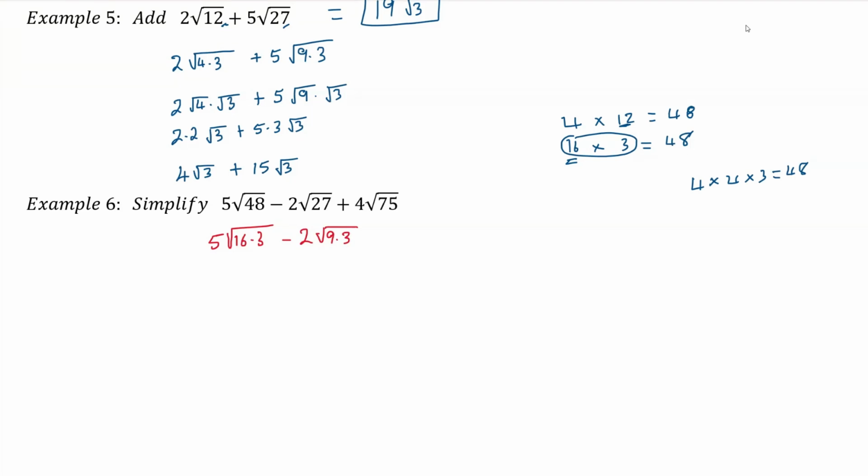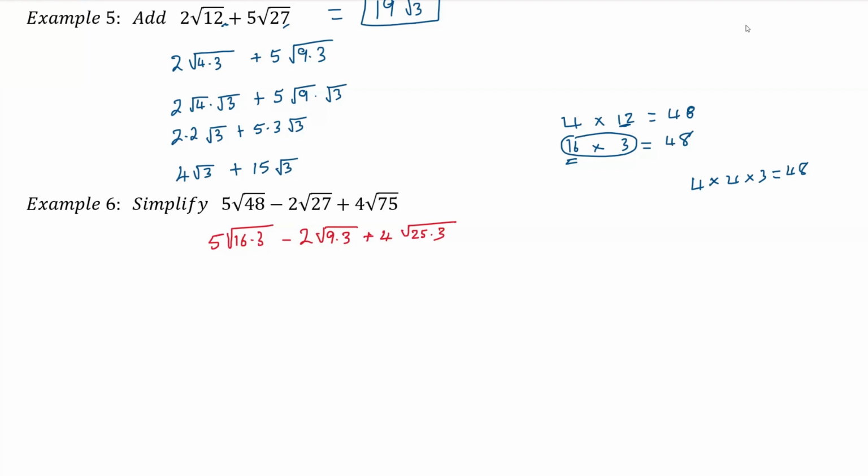And same thing here, what perfect square? That would be 25 times 3. So we can take the square root of 25, we can take the square root of 9, and we can take the square root of 16. So that's what we're going to do now.